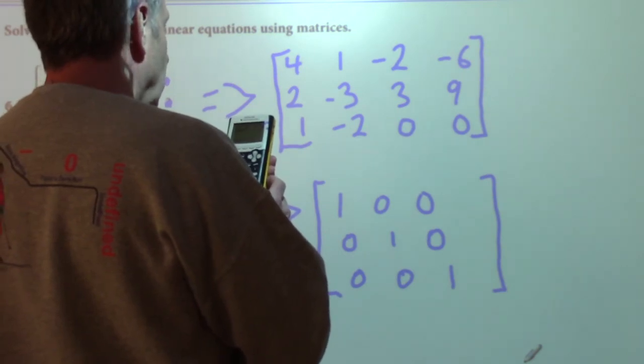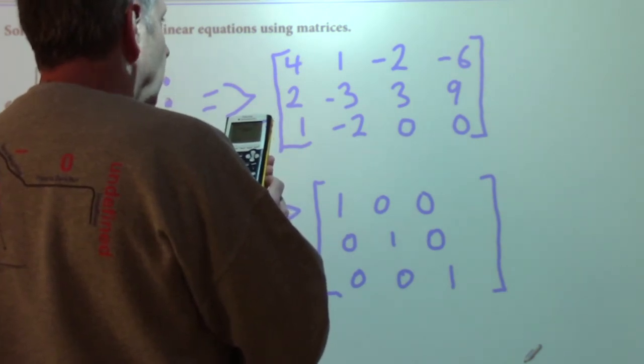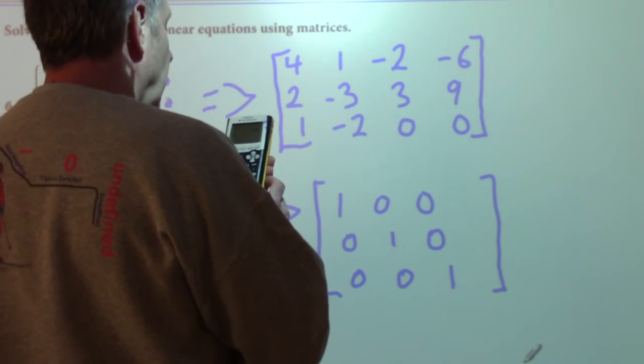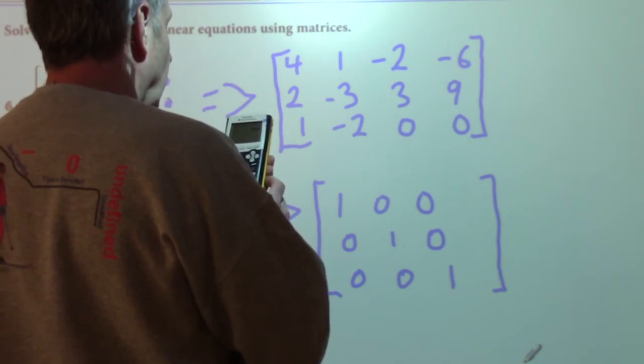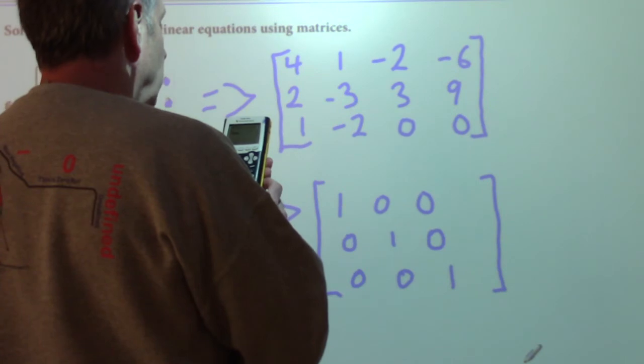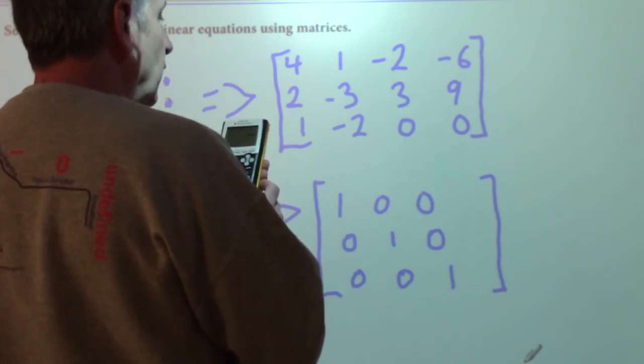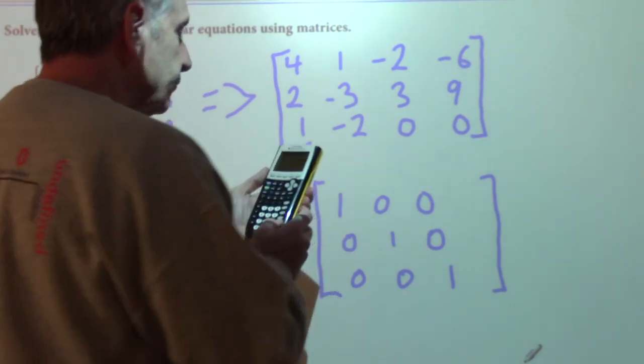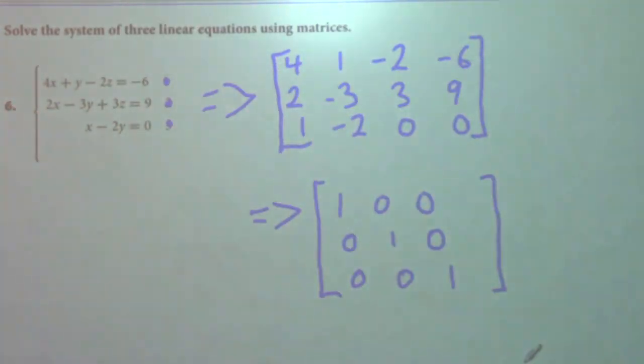So 2, -3, and then 3, and then 9. Everything's good so far. Then I get 1, -2, 0, 0. So everything is good so far. Okay? So your matrix is good.